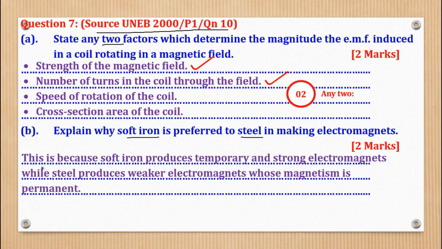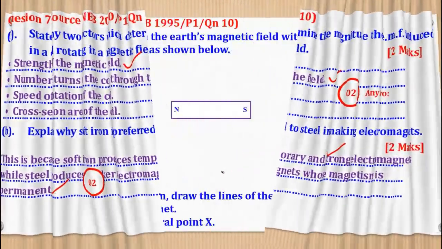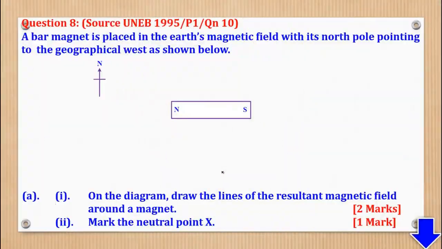So you can say that this is because soft iron produces temporary and strong electromagnets, while steel produces weaker electromagnets whose magnetism is permanent. So that's how you can get the 2 marks in this part. So now we shall go to question 8.